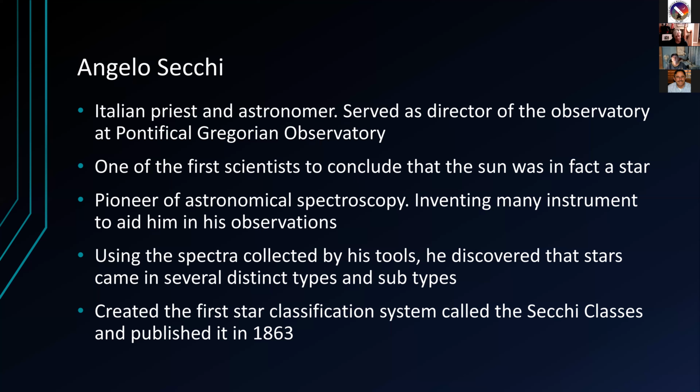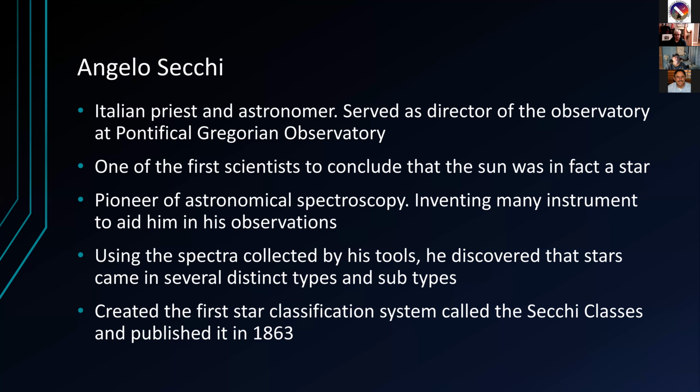We view spectra by taking light of any color and shining it through a prism, and the prism will split the light out into its individual colors, which we then analyze for various means.